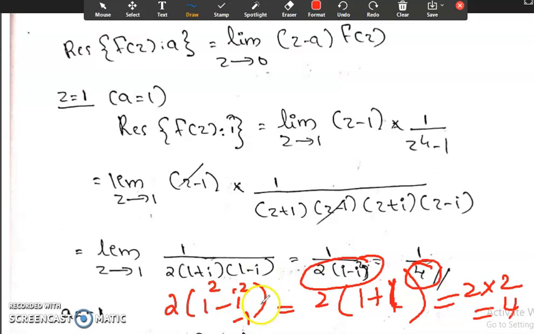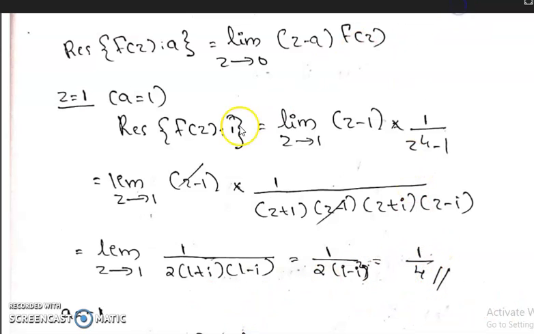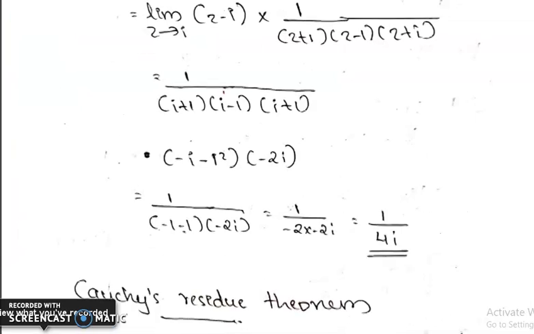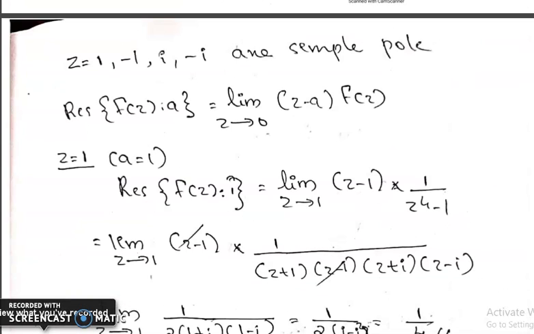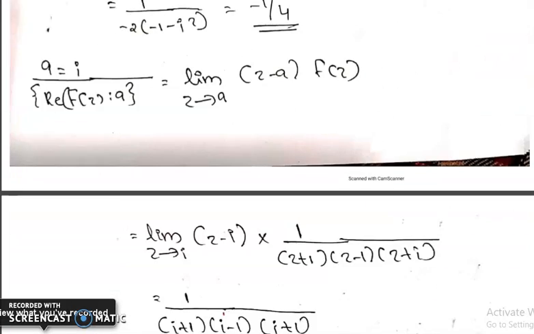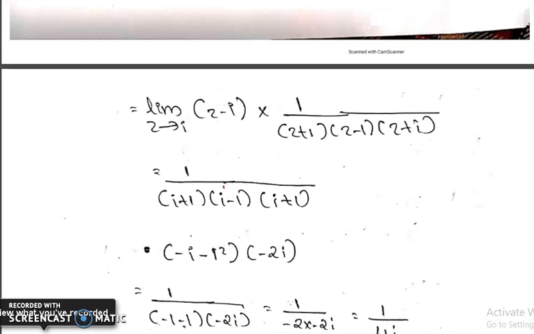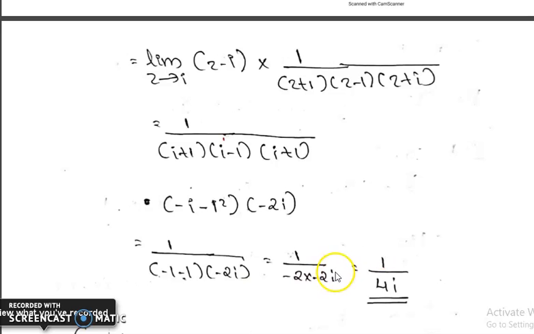Applying this formula, a square minus b square, you get 1 by 4 here. You can continue for other terms also: for z equal to minus 1, a equal to i, a equal to minus i. And you can try it as homework. You can try this on your own.